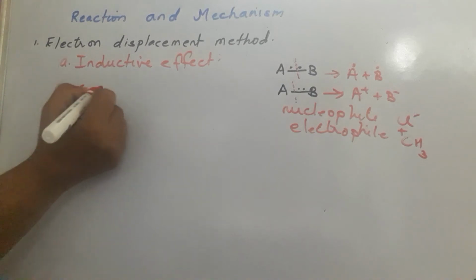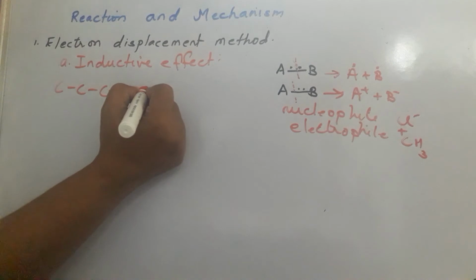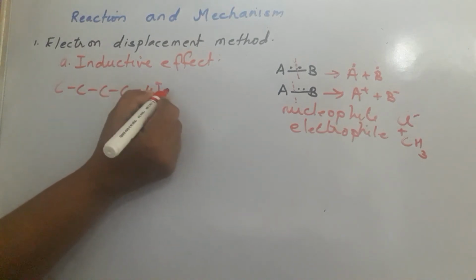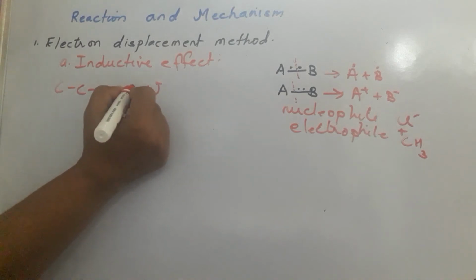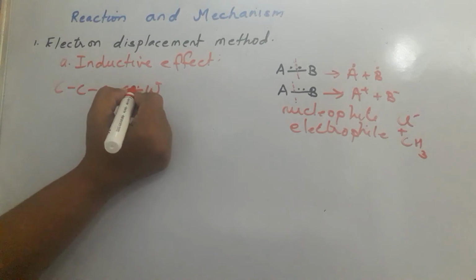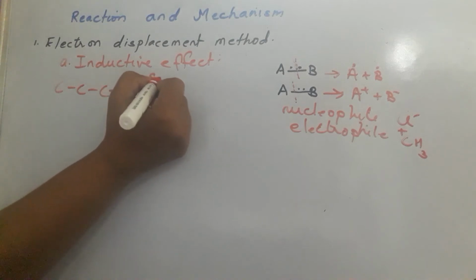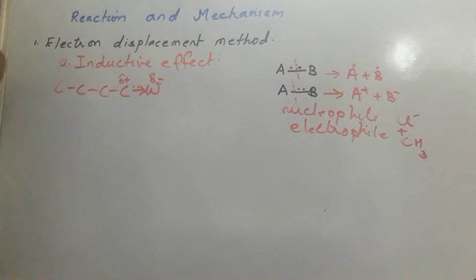For example, if a carbon chain is connected to an electron withdrawing group, which pulls the electron towards itself, then between this carbon and the withdrawing group there is a pair of sigma electrons. This sigma electron pair will be pulled by the withdrawing group, so it develops a partial negative charge and the carbon develops a partial positive charge.